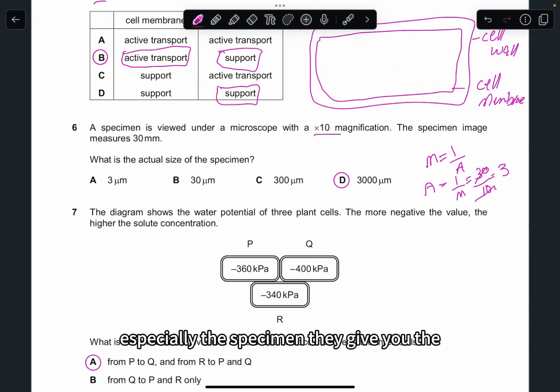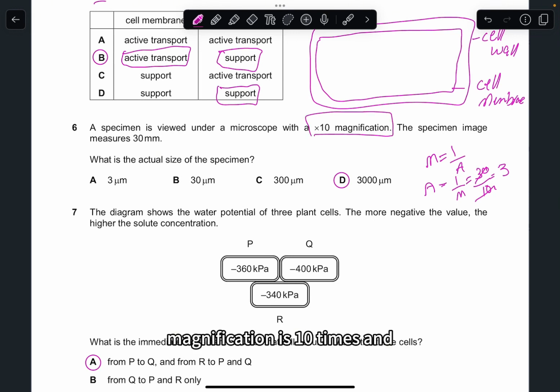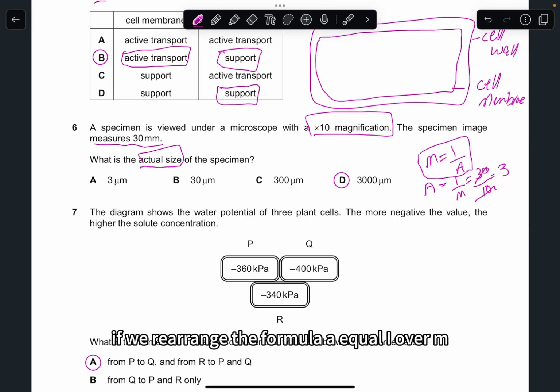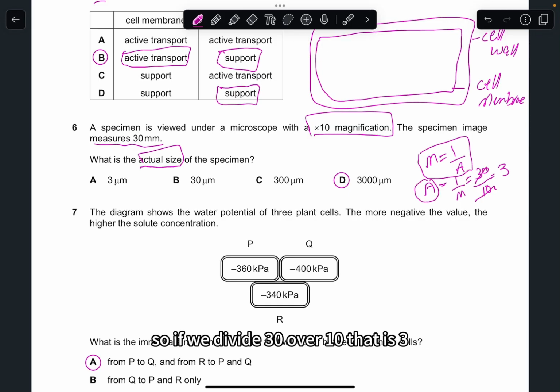The next question is about the specimen. They give you the magnification, which is 10 times, and the image is 30 millimeters. So what is the actual size? This is the magnification formula. If we rearrange the formula, A equals I over M. So 30 divided by 10 is 3 millimeters.